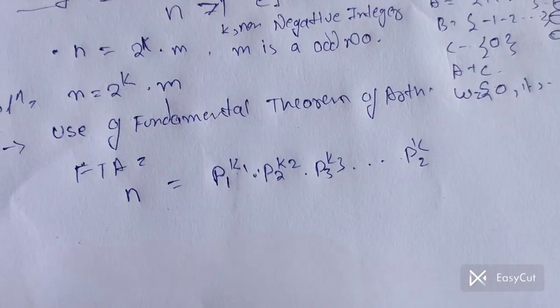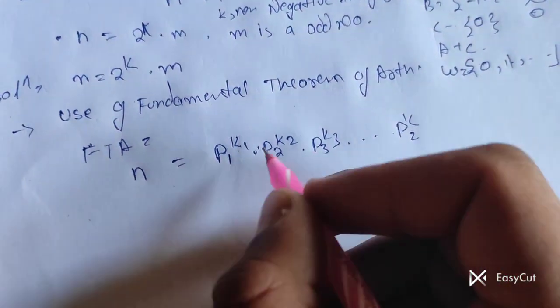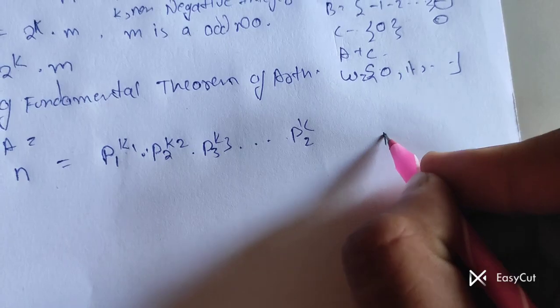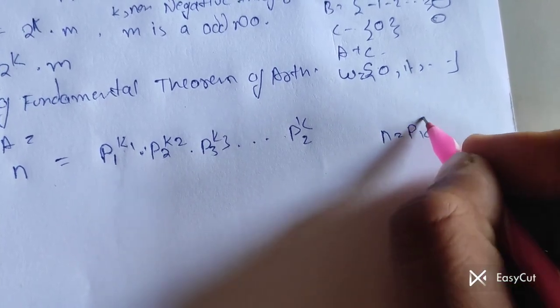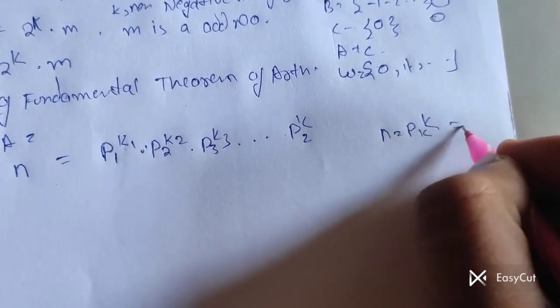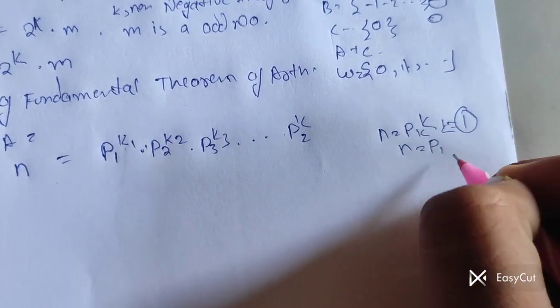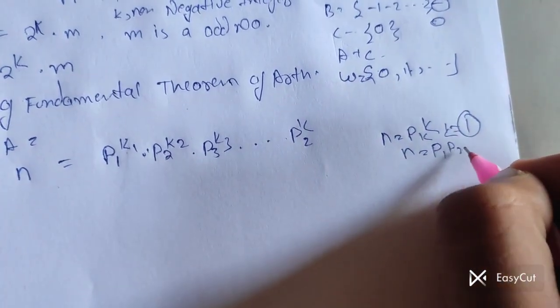Okay, what I am saying is that every positive integer, for example, we say n is the power of p to the power k. It means that if k is equal to 1, in that case n has a factor p1.